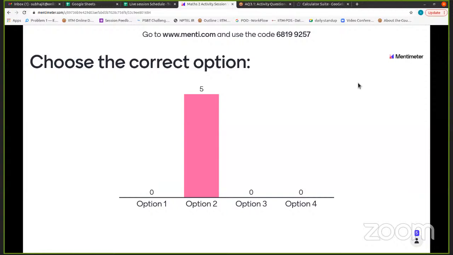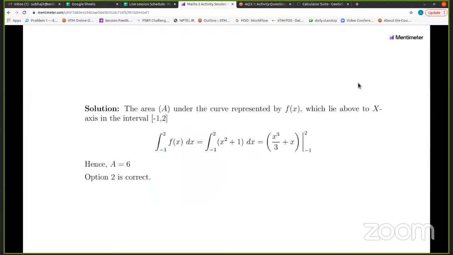Many of you are saying it's option 2. Option 3 also is coming. I am skipping this a little bit because there is lack of time. So I am taking the integration from -1 to 2 of f(x) dx, and x square plus 1.